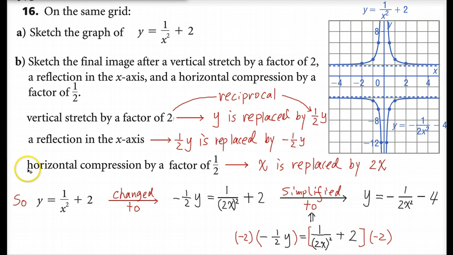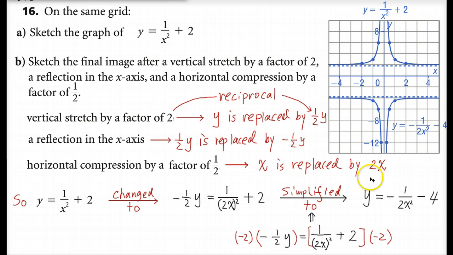And then finally, a horizontal compression by a factor of 1 over 2. It's the same reason, and x should be replaced by 2x. So the 2 here is always the reciprocal of the 1 over 2. What if it's a compression by a factor of 2 over 3? Then x should be replaced by the reciprocal of 2 over 3, which is 3 over 2.